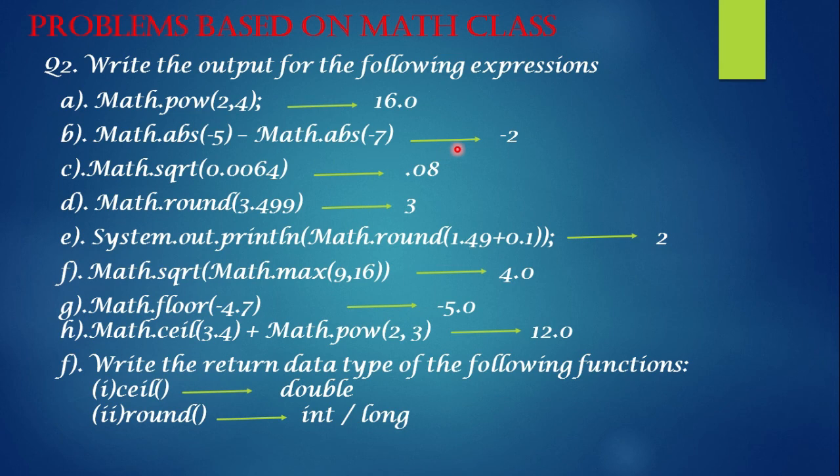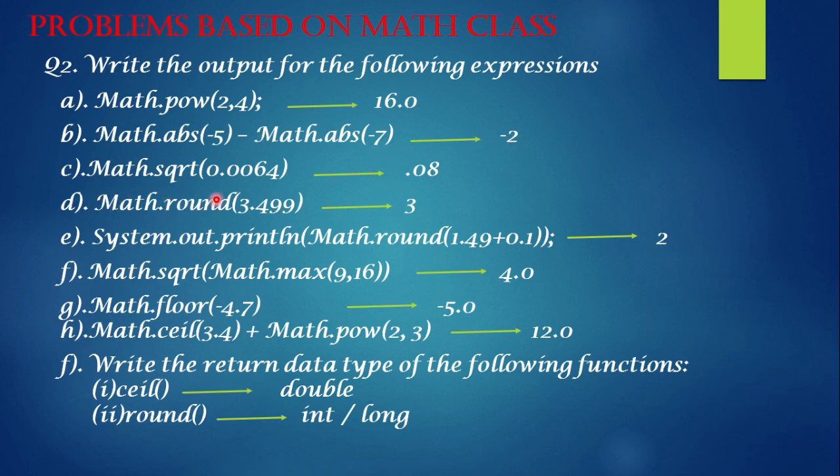You will be getting minus 2. Why? Because absolute value of minus 5 is 5, absolute value of minus 7 is 7. So 5 minus 7, both are positive now. Okay, 5 minus 7 becomes minus 2.